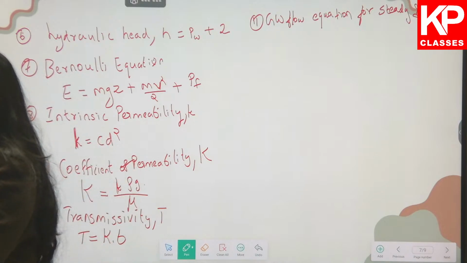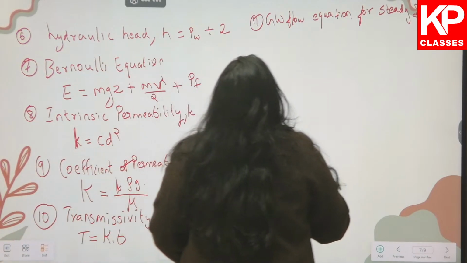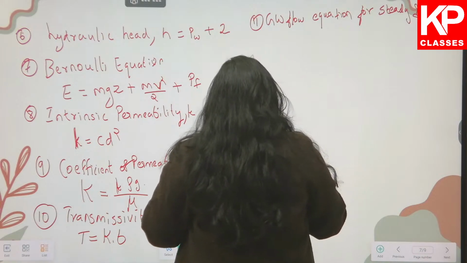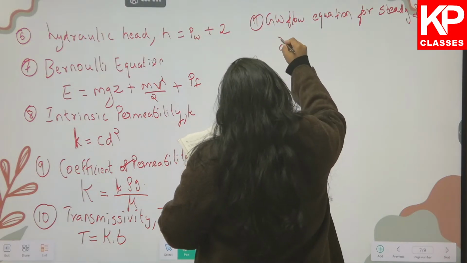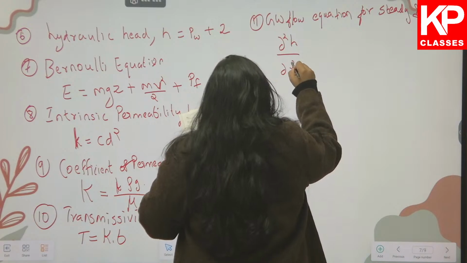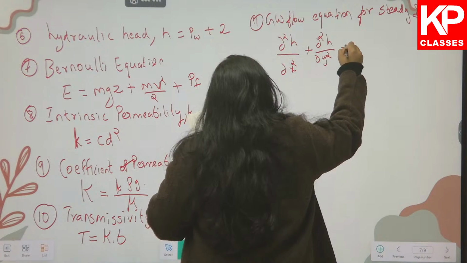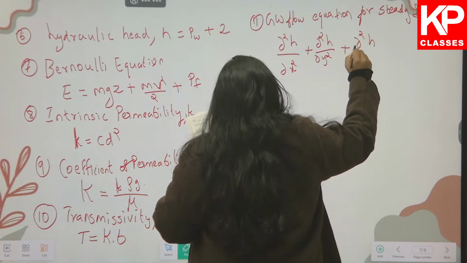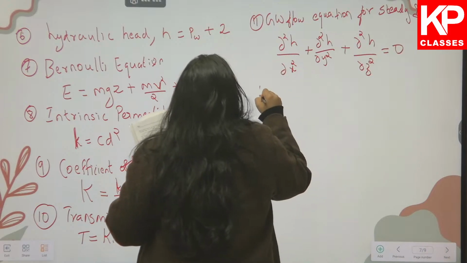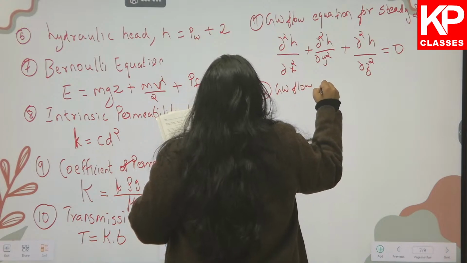So the equation for the groundwater flow term will be del square H by del x square plus del square H by del y square plus del square H by del z square equal to 0.